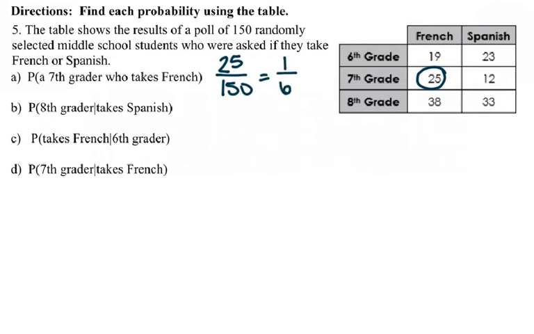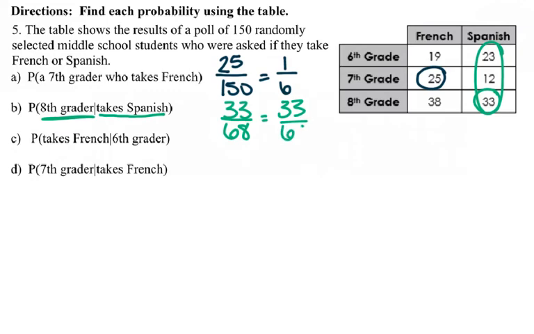Alright, so for part B, I know my bottom number are the people who take Spanish. I'm going to add them all together. There are 68 people who take Spanish, and I want the probability that they're an 8th grader. So out of the ones I just highlighted in green, there's only 33 who are actually 8th graders. And that doesn't reduce, so that stays.